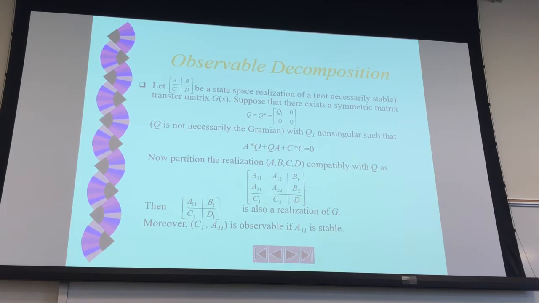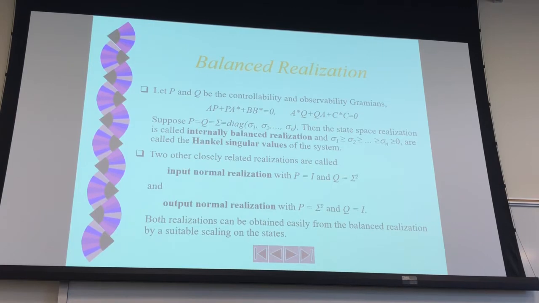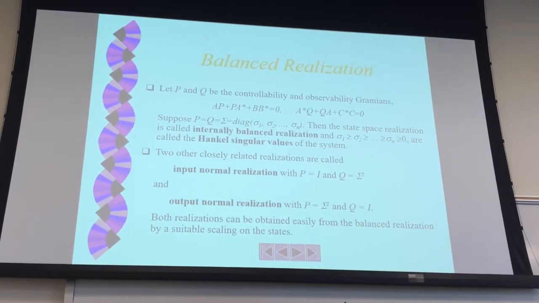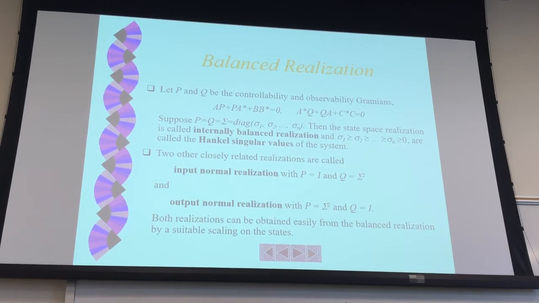Okay, here comes something interesting. Please pay attention. You have two Gramians, the controllability Gramian and the observability Gramian. How can we do a balanced realization? If you take P and Q, you do singular value decomposition, SVD, to make them diagonalized.